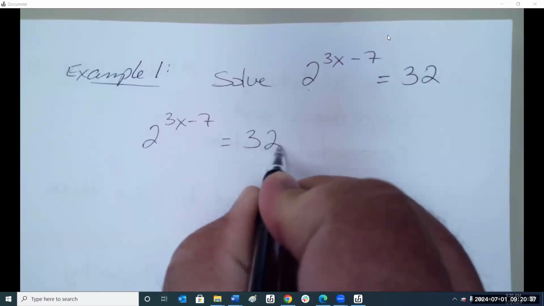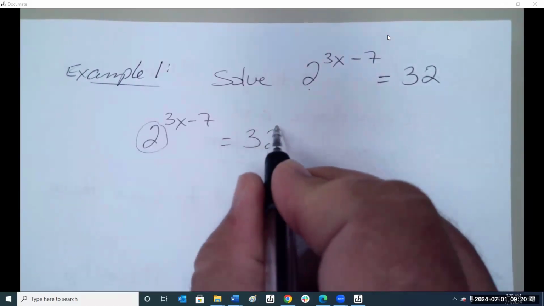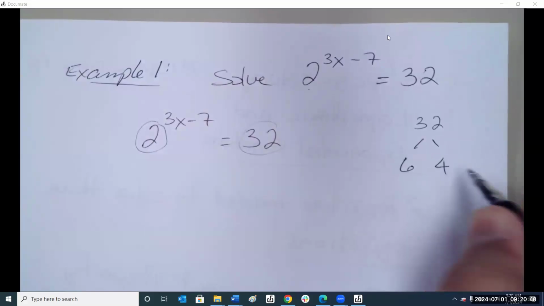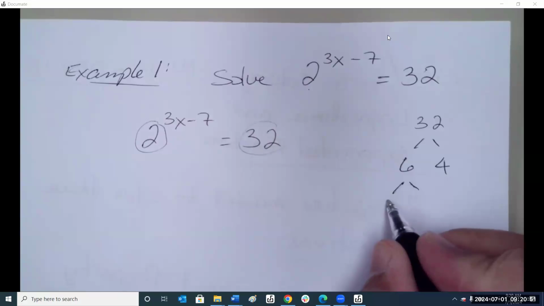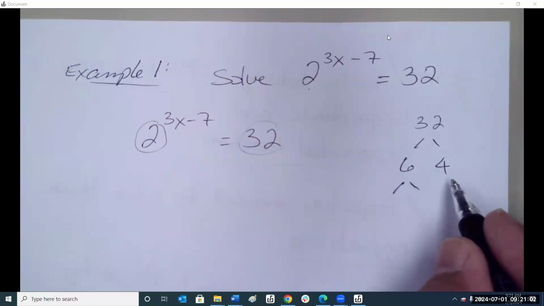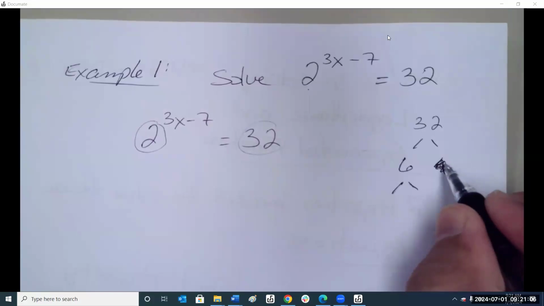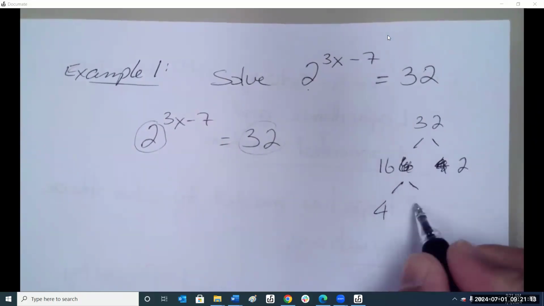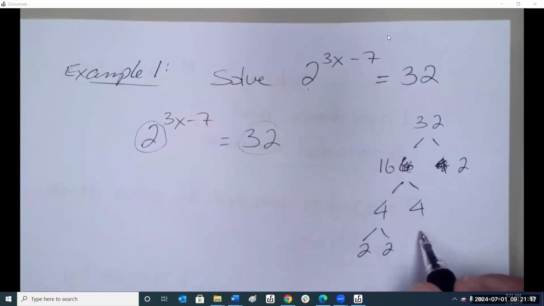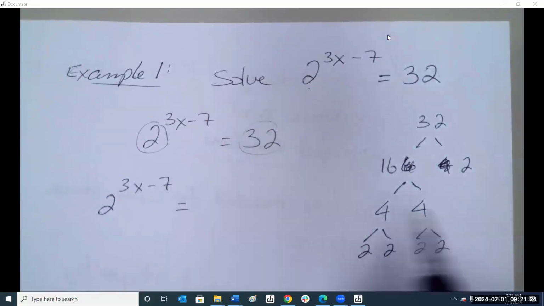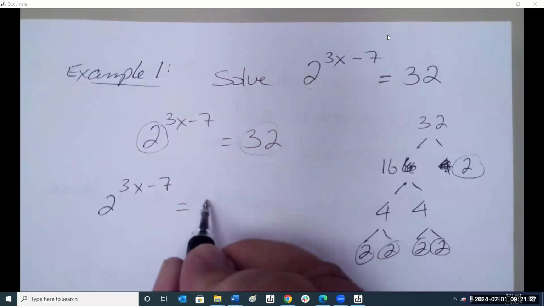The first thing you want to try is to make them both into the same base. 32 is 16 times 2, and 16 is made up of 4 times 4. So we know that 32 is 2 to the 5th.